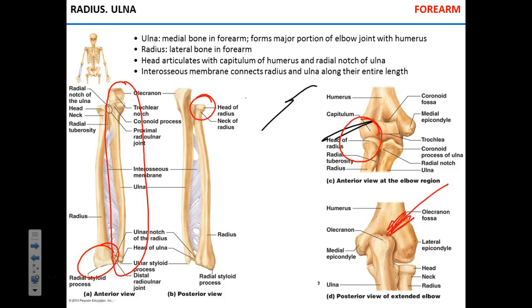You cannot see it on the picture because it's covered, but this depression that I touch with my pinky articulates with the olecranon process of the ulna. In the same fashion, the coronoid fossa of the humerus articulates with the coronoid process of the ulna.